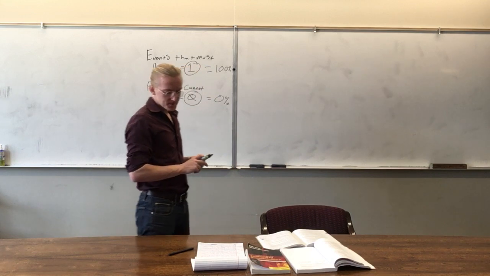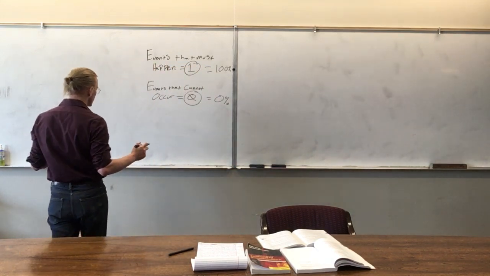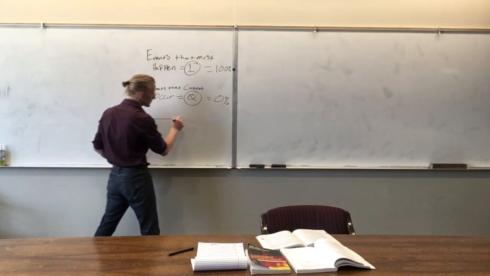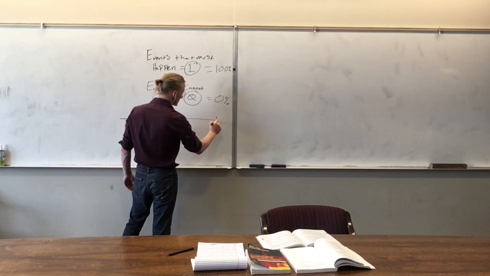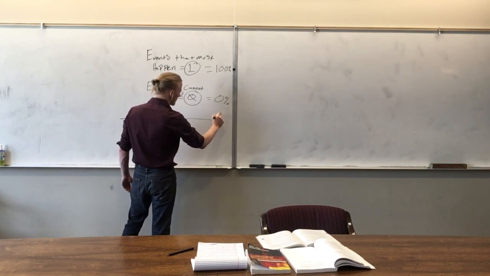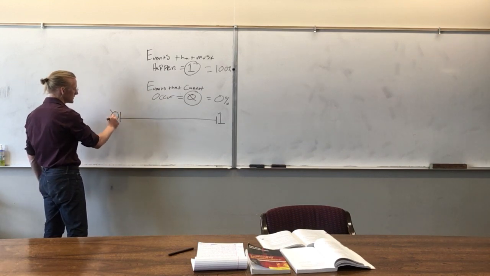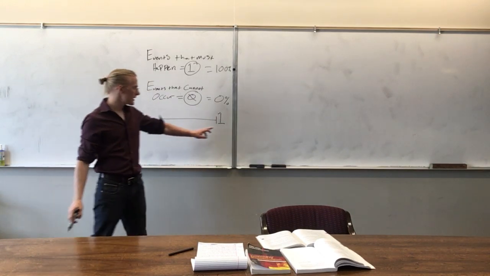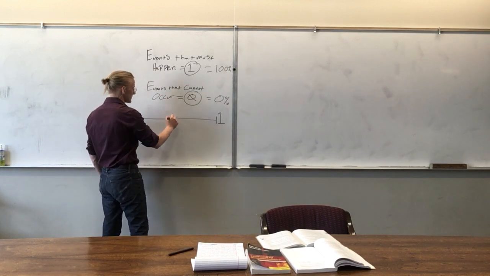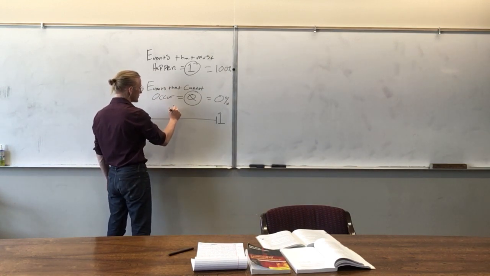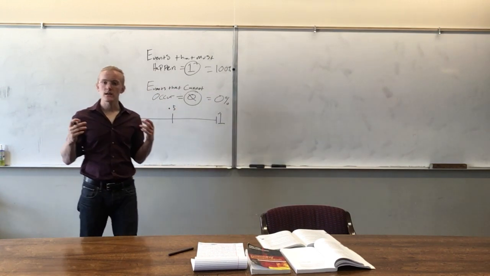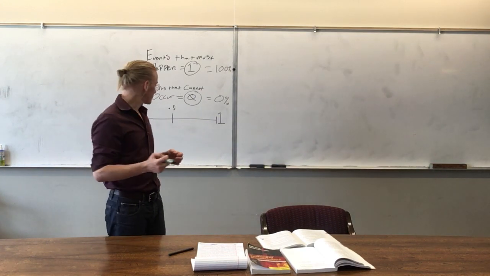Preliminary 2 is that all other events, all other probabilities occur on a scale between 0 and 1. So something that's probability 0.5 has a 50-50 chance of happening.